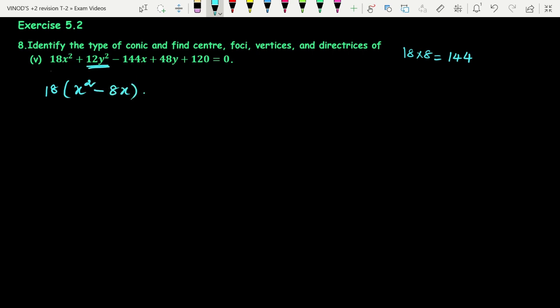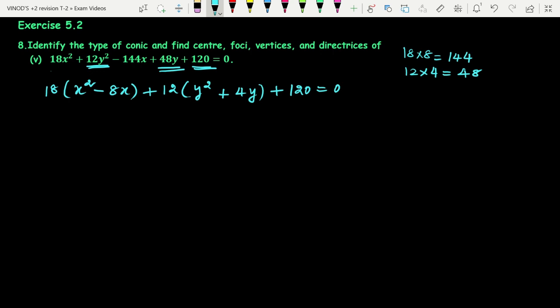Now in 12y² and +48y, 48 is nothing but 12 into 4. So if I take 12 common out, 12 times (y² + 4y), plus 120 is equal to 0.